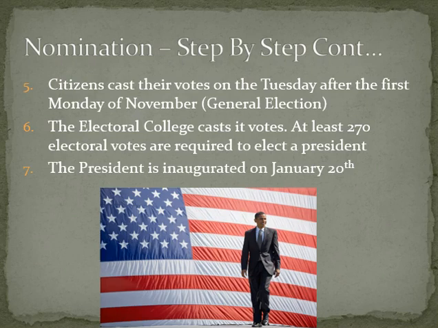Citizens cast their votes on the Tuesday after the first Monday of November in the general election. The Electoral College casts its votes. You have to have at least 270 electoral votes to be elected president. Very important to know that. And that the president is inaugurated on January the 20th.